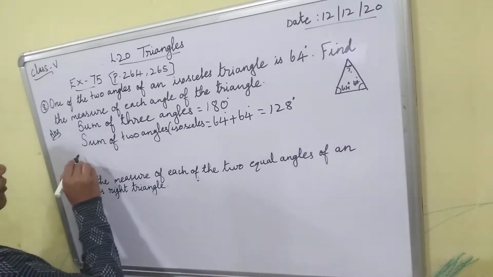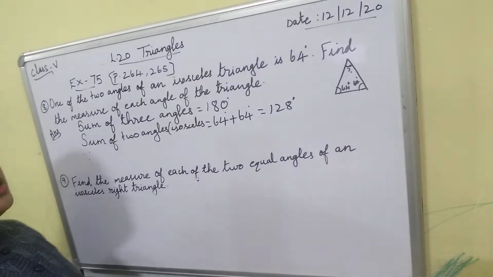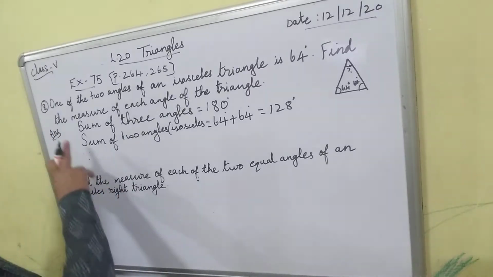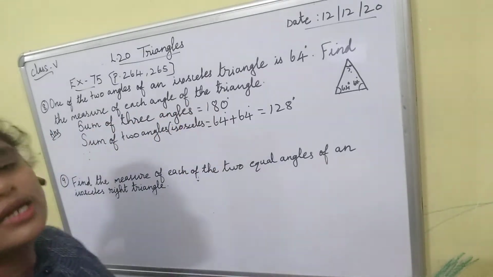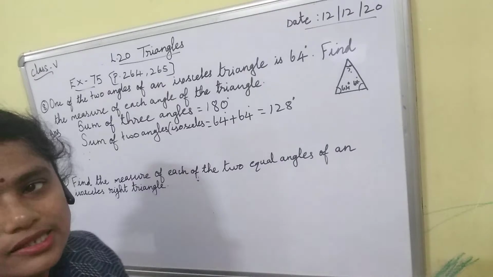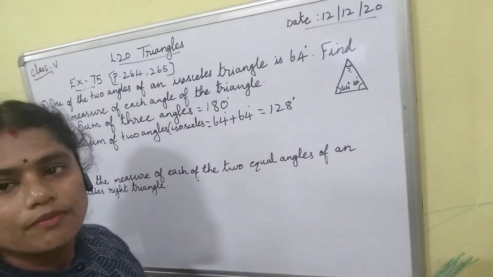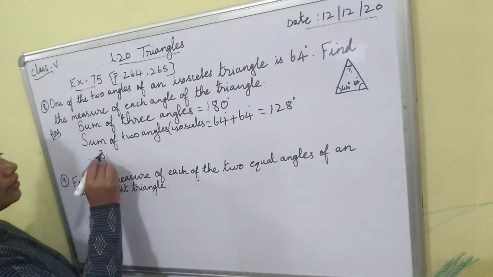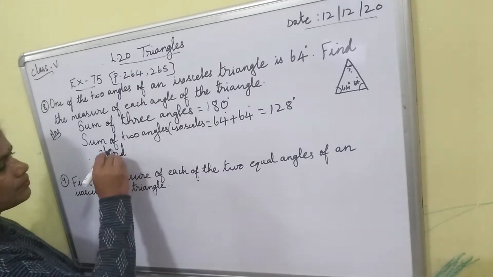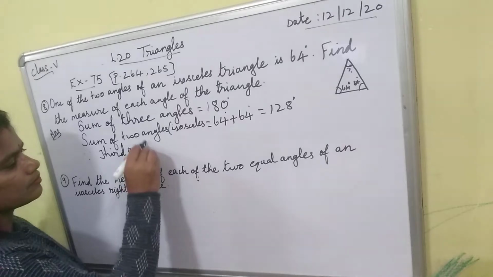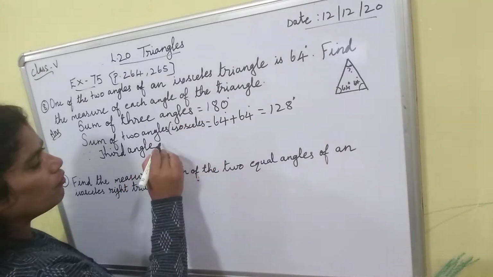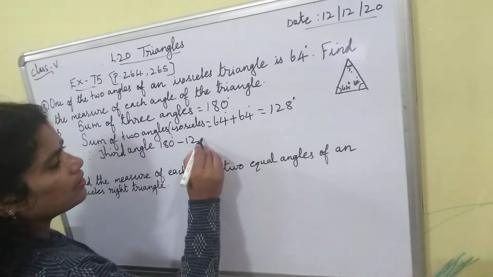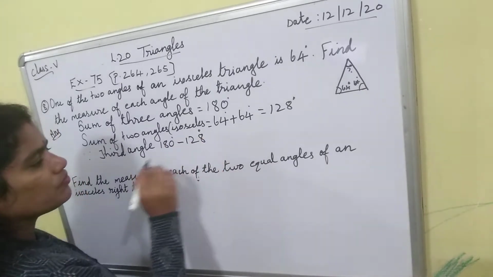Okay. Therefore, the third angle equal to, we have to find the measure of the angle of the triangle. So we have to get the third angle. Therefore, third angle equal to 180 degrees minus 128 degrees.